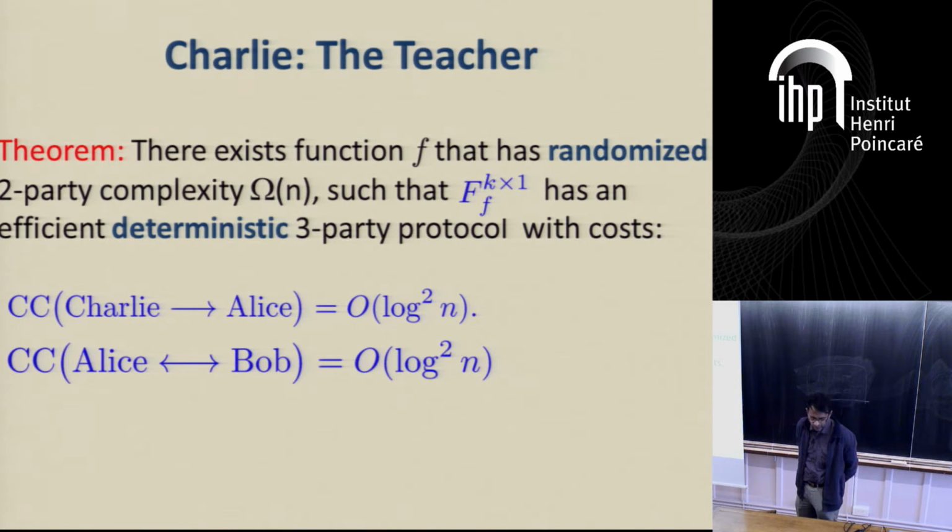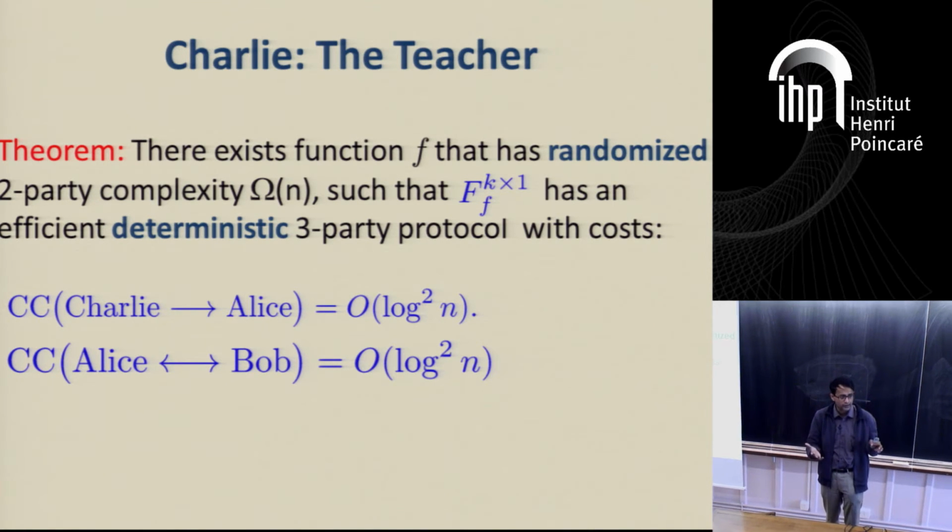Unfortunately, what we were able to show, taking this idea one level above by using ideas from learning theory, is this. The whole point is now, Charlie is trying to teach Bob about y, right?